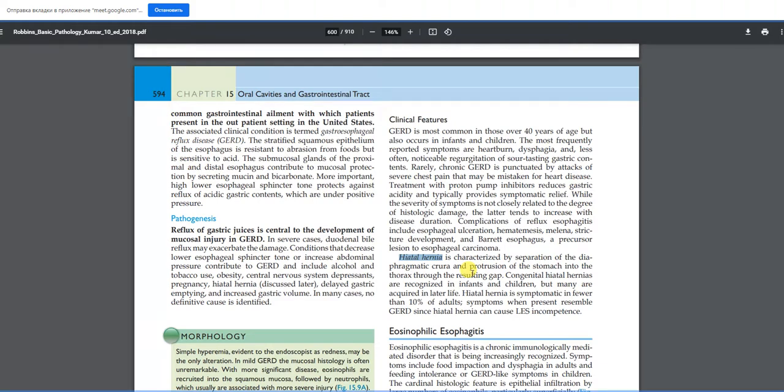But when a hiatal hernia happens, stomach juice can easily penetrate into the esophagus and leads, as I said, to gastroesophageal reflux disease and the formation of Barrett's esophagus.